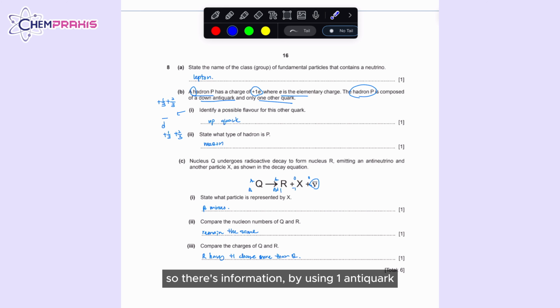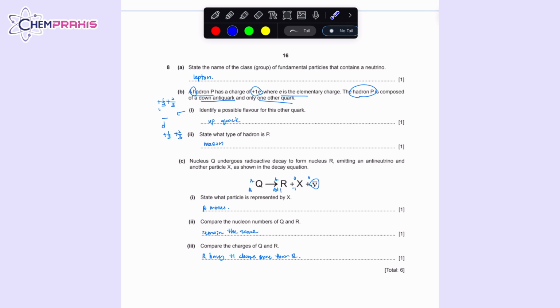So it is formed by using one antiquark and one quark. Since they have already given you a down antiquark, you will have a positive 1 over 3 as the charge value. To get positive 1e, I need another positive 2 over 3, so I will use an up quark. You can use a top quark as well.